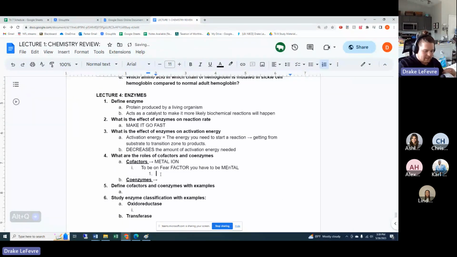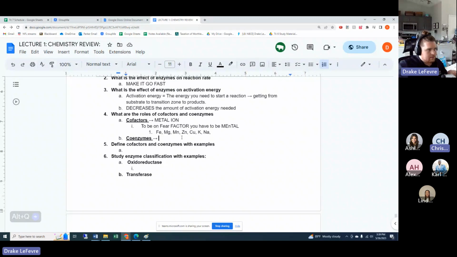Okay. So some of the good examples of the cofactors we're going to talk about: iron, magnesium, manganese, zinc, copper, potassium, sodium. Yeah, there's one other one, but I don't remember what it was. Sodium and potassium, so sodium's like in salt and stuff.